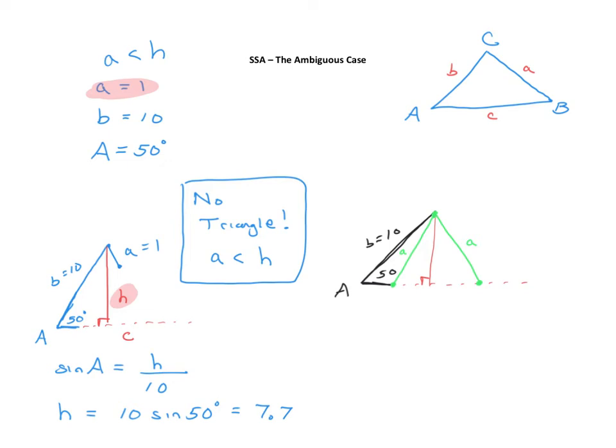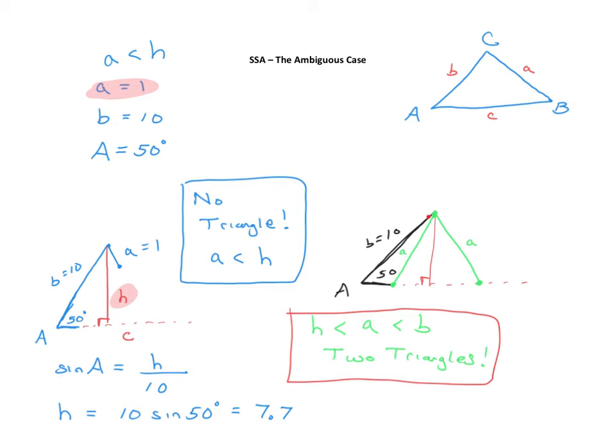So, if A is greater than H, but is less than B, there are actually two triangles. So I'll mark that here. And if A was actually longer than B, that means you could only draw your other side in over here, and there would be only one triangle, and that is the final case. If A is greater than B, there's exactly one triangle.